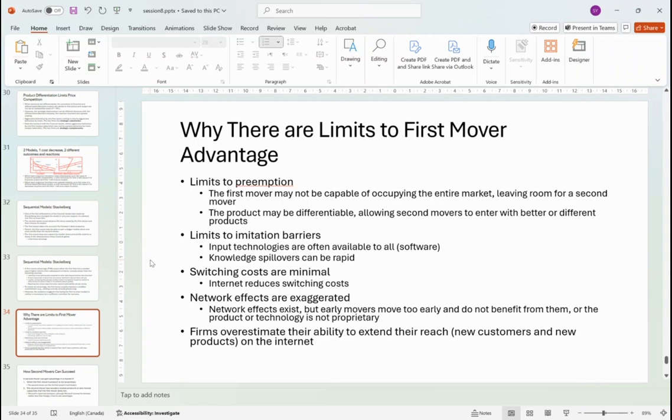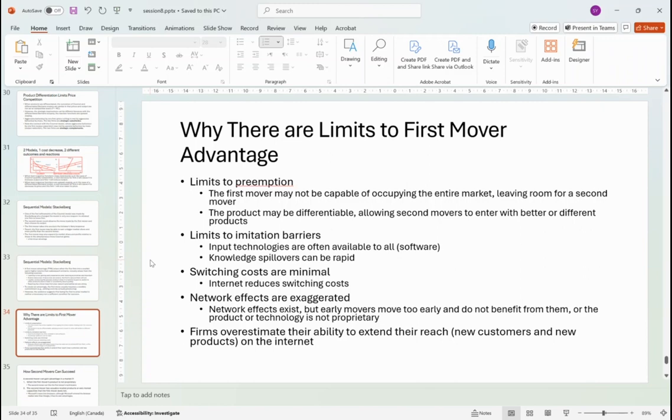So maybe in the past, the network effect wasn't as important as it is today. So maybe when we compare the firm that entered the market 20 years ago with the firm that entered 10 years ago, in terms of network effect, they have the same status, because network effect has become important only recently. So there is no advantage for the first mover in that case.